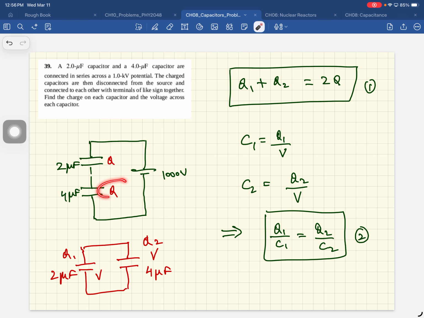Okay. And the way you find this charge is, well, this is a series combination, replace it by a single capacitor, and the charge on that capacitor is the charge on these guys. Okay. You can think of these two plates, and then you introduce two more plates in between. That's all.